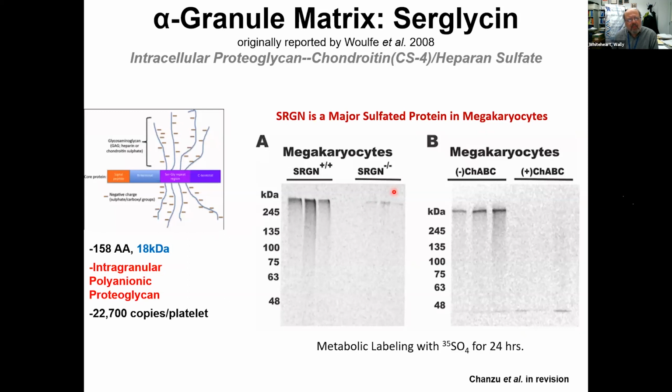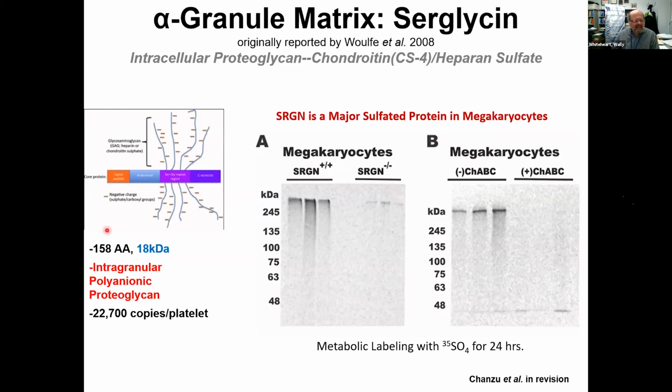This was originally reported by Barbara Schick's lab. Donna Wolf was the first author. This is a proteoglycan that contains chondroitin sulfates. And it's one of the only intracellular proteoglycans ever reported. It's found in different granules, and of course, it's found in platelets.